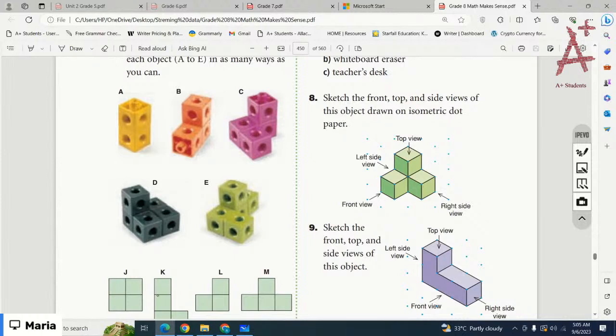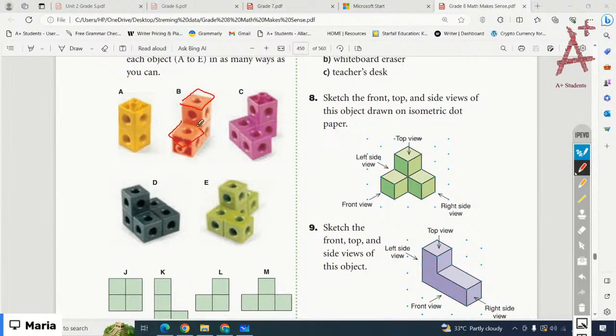If you see from the top, you can see this one and this one. If you see from the top, you can just see these two, right? And if you see from the other sides, from the left hand side, you can see these three in an L shape, but from the top, you can see this one.